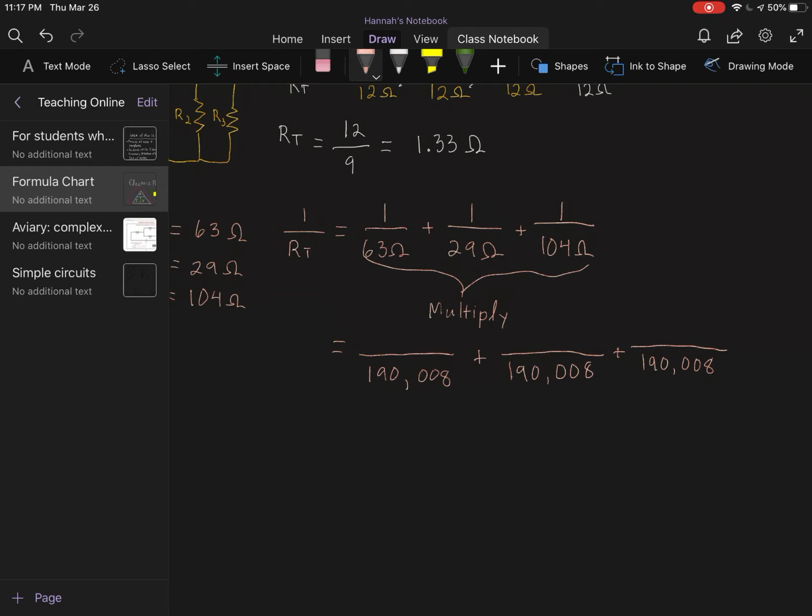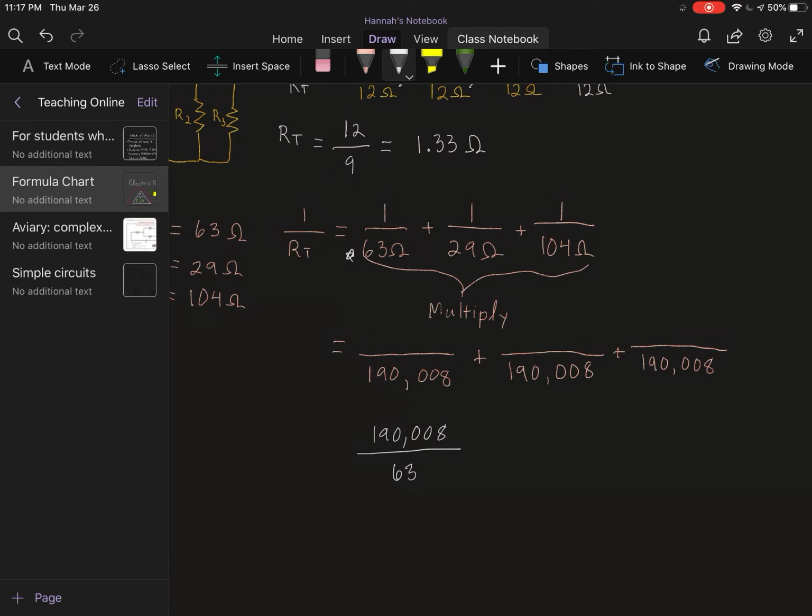All right. And to figure out what the numerators will be, what I do is I take the 190,008 and I divide it by the number that my fraction was originally. I don't know how to make the words right. Okay.